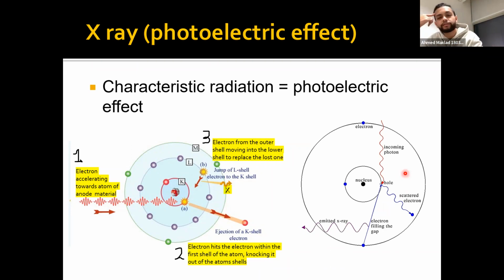Let me think about this for a second. Why is it in vacuum? That's a good question. It's in vacuum because of one major thing. If the electrons going from the cathode to the anode are not in vacuum, they're traveling through air. They're traveling through other molecules. They're traveling through vapor.